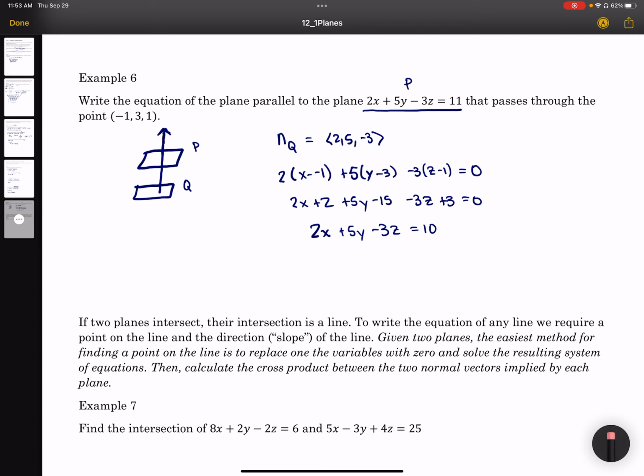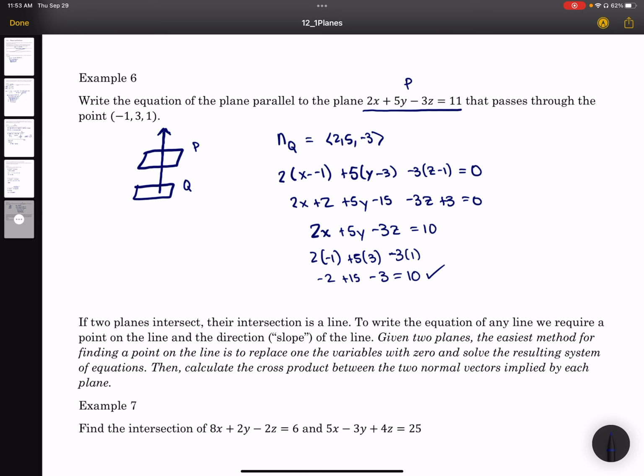Let's find out. Oh no, I'm crazy. I was doing math wrong in my head. So this works out, but let's check it to be sure. 2 times -1 plus 5 times 3 minus 3 times 1. That's -2 plus 15 minus 3, which is indeed 10. I don't know what I was thinking.